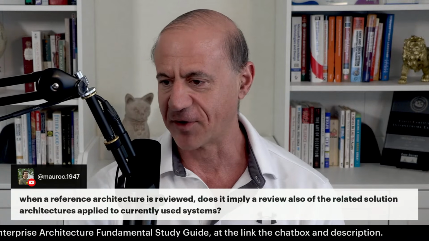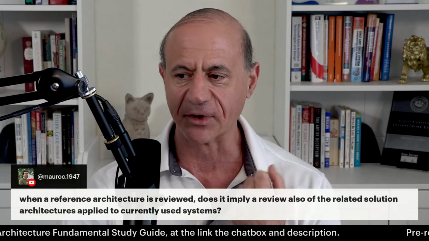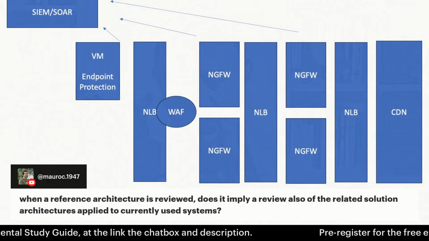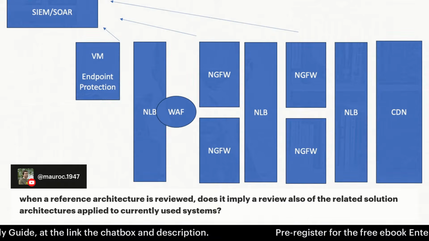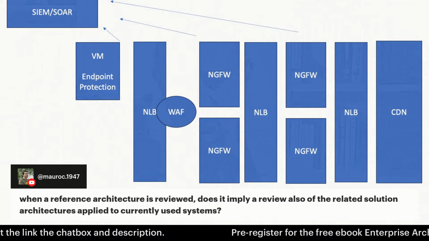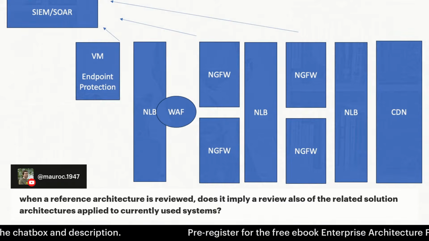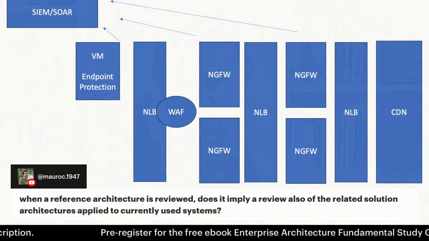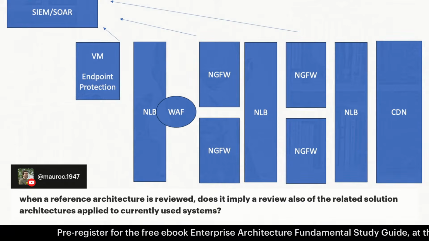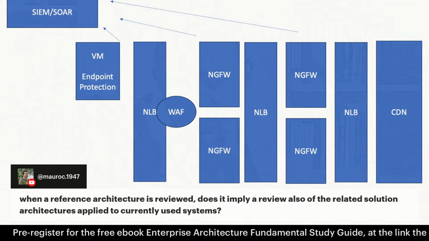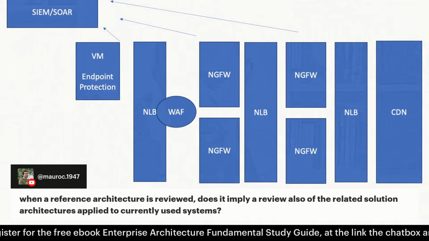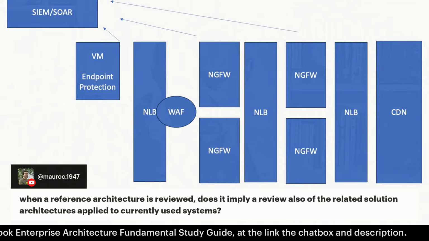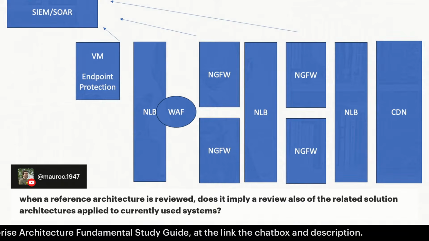So here's an example of a reference architecture I designed for a demilitarized zone. Let's say we had a very high security web application that had a lot of hits. The way we would typically secure that is we would use a content delivery network on the outside of it with some DDoS protection. We would typically have a network load balancer front end, and a couple of next generation firewalls from, say, vendor A. Behind that, we would typically have another set of next generation firewalls behind a load balancer.